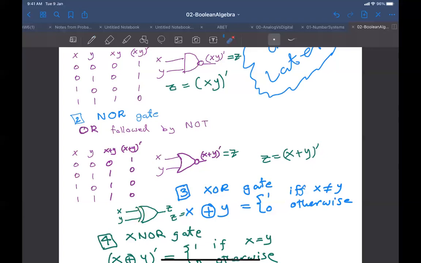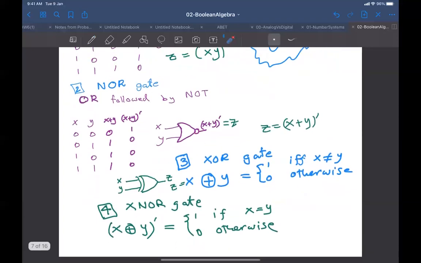I forgot to give you the symbol for the NOR, which is nothing but an OR followed by a bubble. The XNOR, on the other hand, is an XOR followed by an inverter. If you invert that, you get what we call a gate that detects equality.